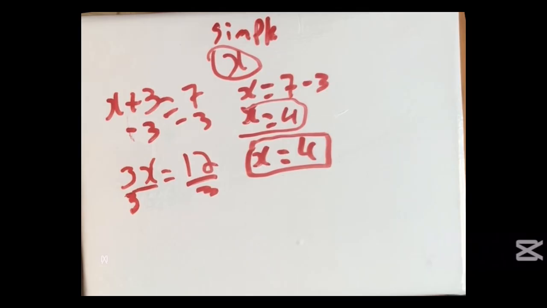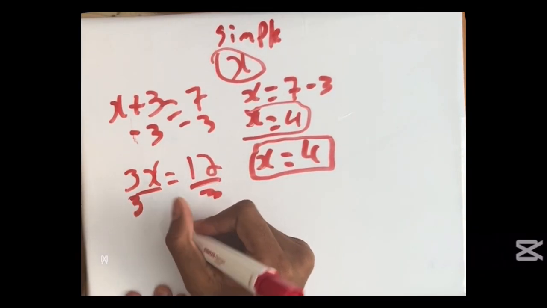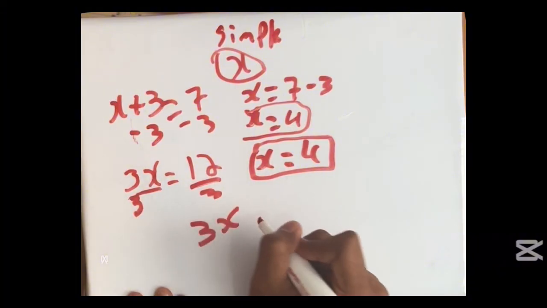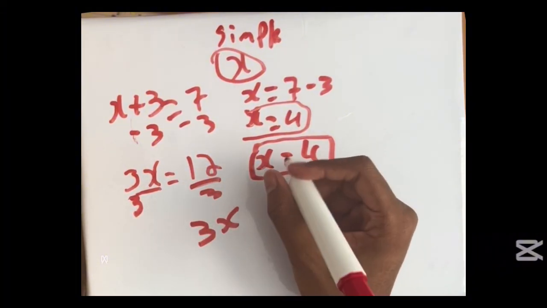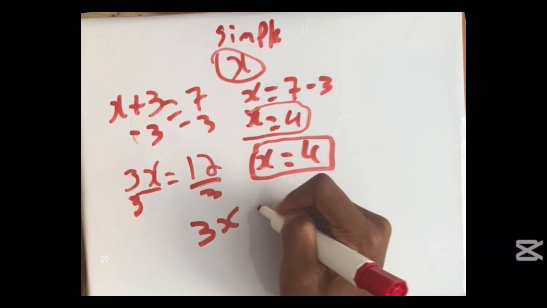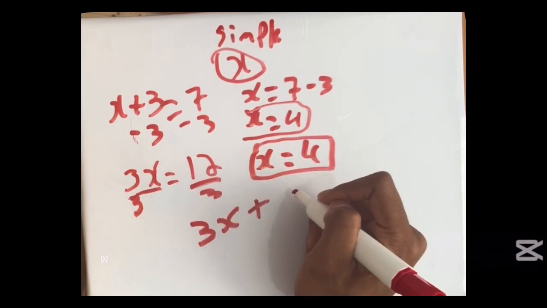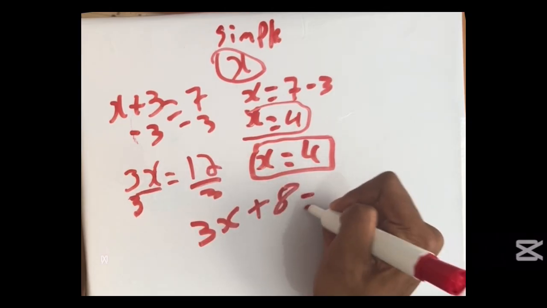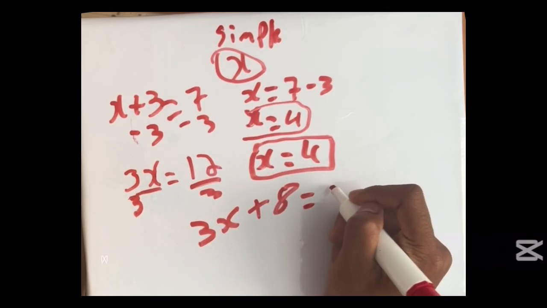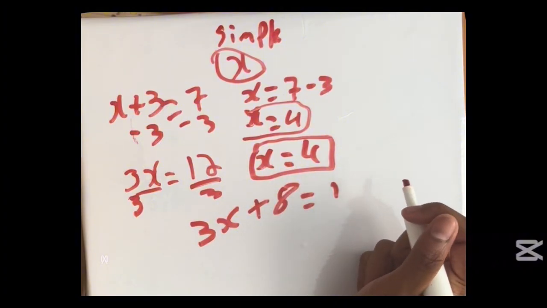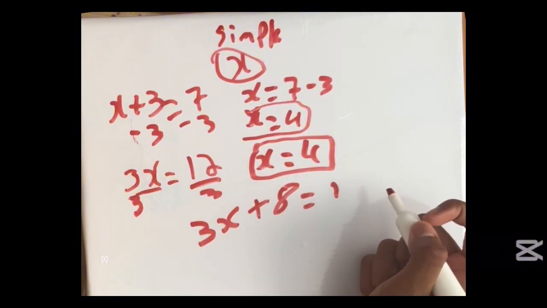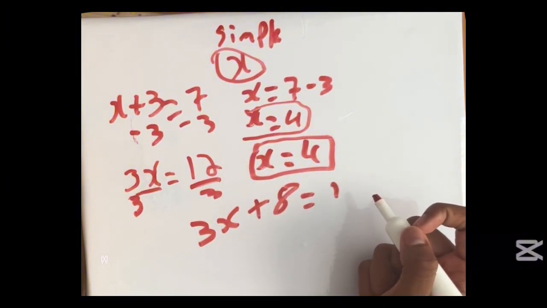So let's mix it up now. Let's do 3x plus 8 equals 1. Now we have to be careful, right? Remember our addition rules from the beginning.